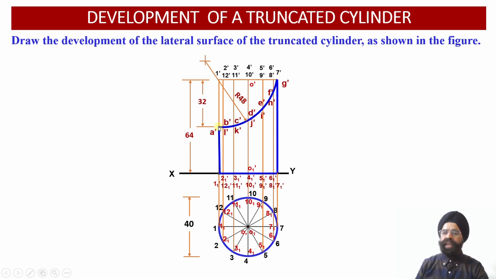Now we are going to open the compass to a radius equal to 48 millimeter. The first starting point is point A dash, the midpoint of the edge 1 dash 1 dash. With A dash as the center, we mark one arc having radius equal to 48 millimeter.